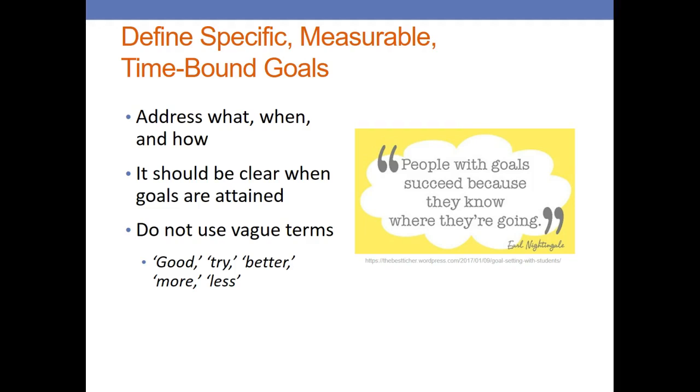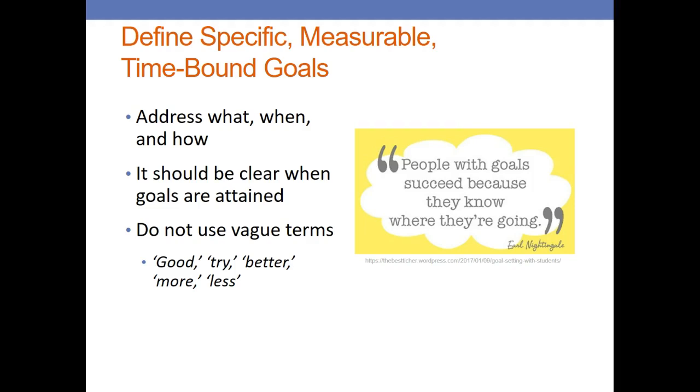You can see I'm going to discuss the components that the goal be specific, measurable, and time-bound together. All of these ideas represent the logistics of the goal, the what, the when, and the how. This is so we know very specifically when the goal has been attained or whether the goal was even attained.